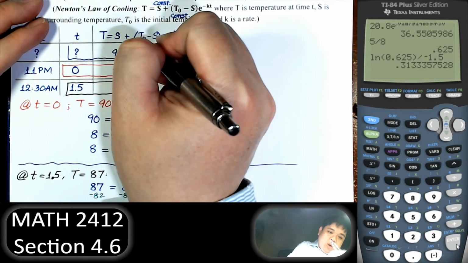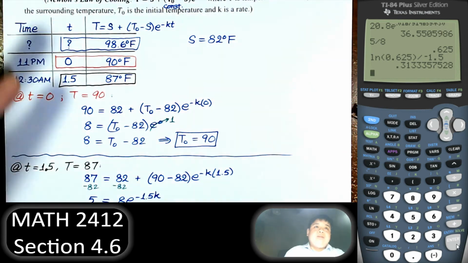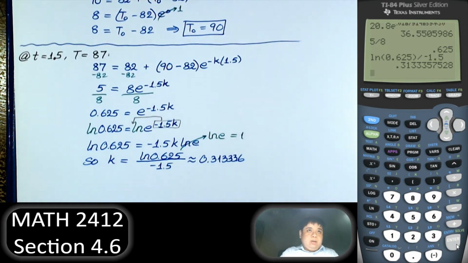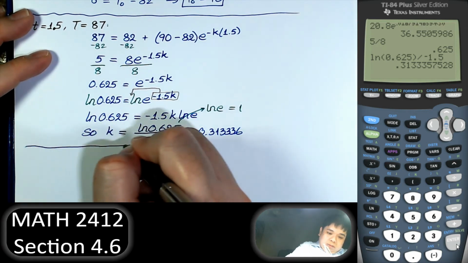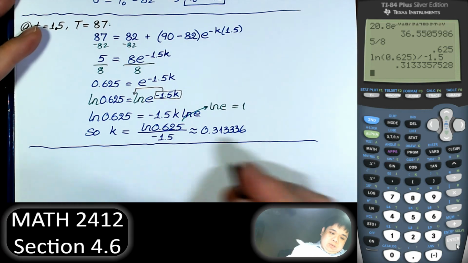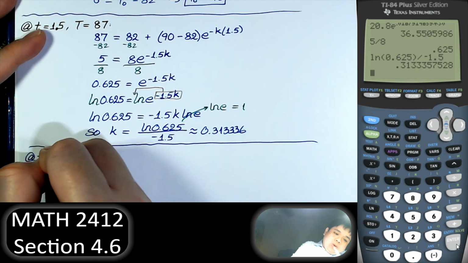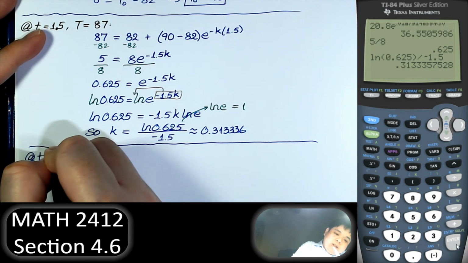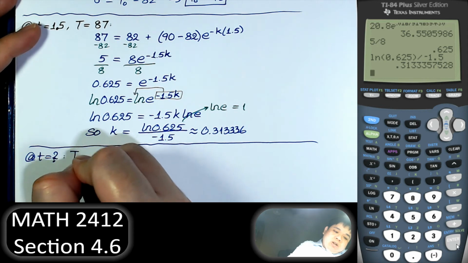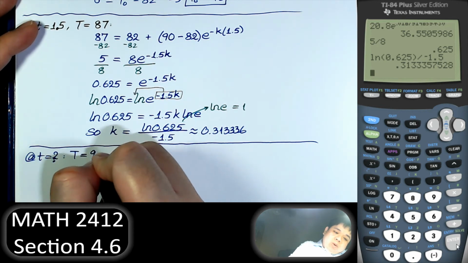What is the time when the temperature is 98.6? So time equal to what, where the temperature is 98.6.